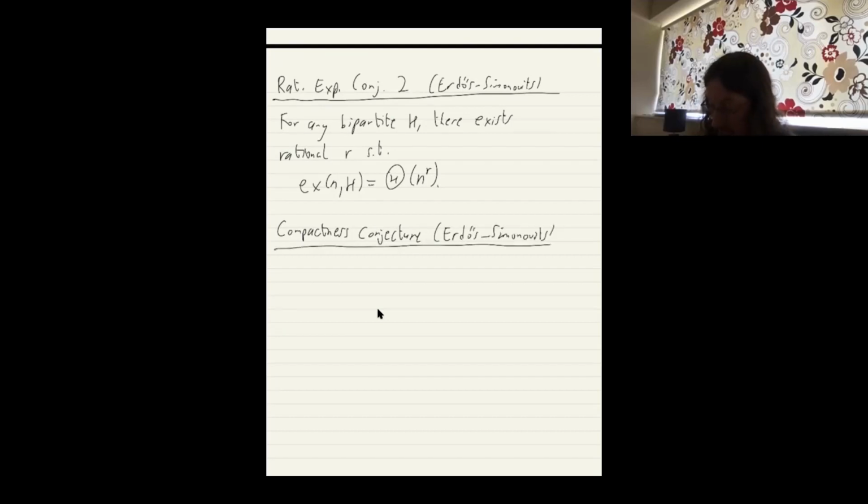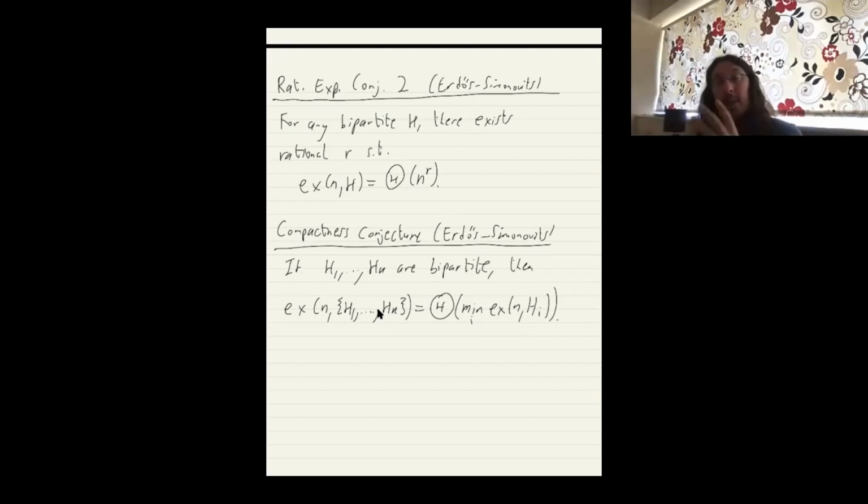And it says that if H_1 up to H_k are bipartite, then the extremal number of the family of graphs H_1 up to H_k is basically theta of the minimum over i of the extremal number of H_i.